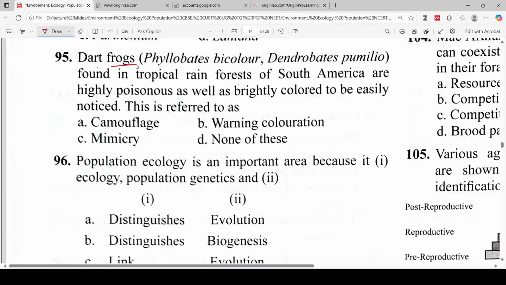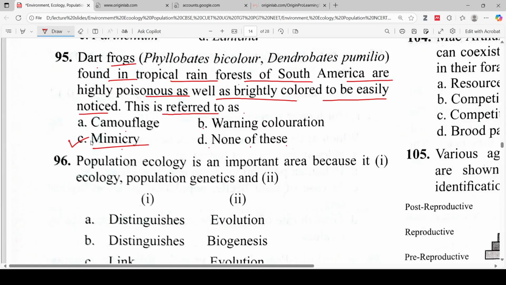Next question. Dart frogs found in tropical rainforest of South America are highly poisonous as well as brightly colored to be easily noticed. This is referred to as camouflage, mimicry, warning coloration, and none of these. So the correct answer will be option C, warning coloration.